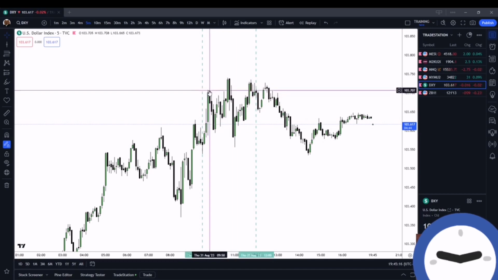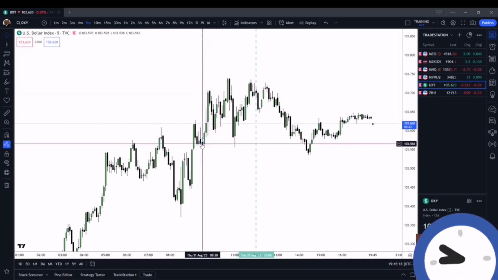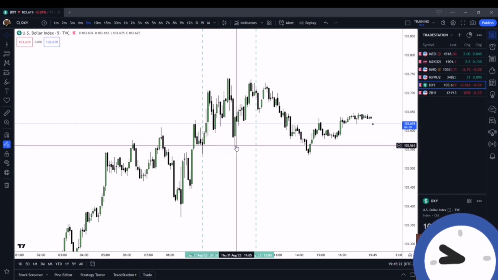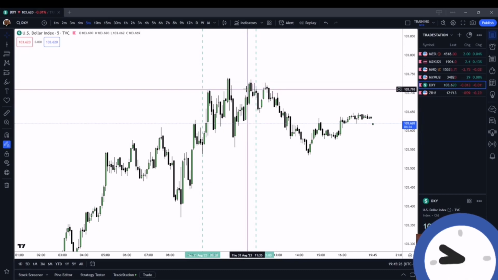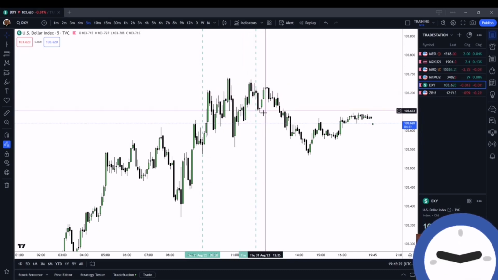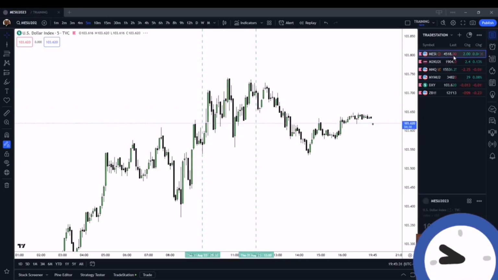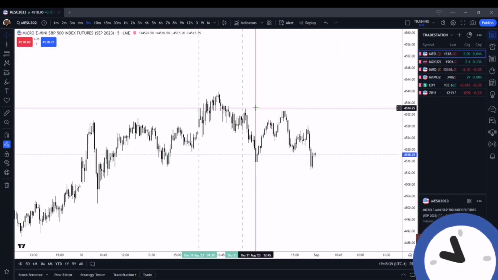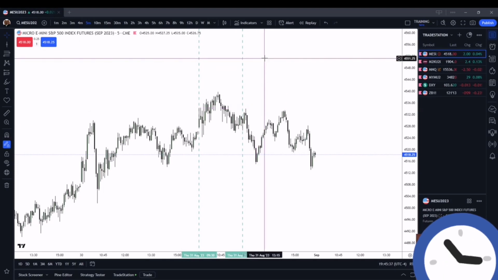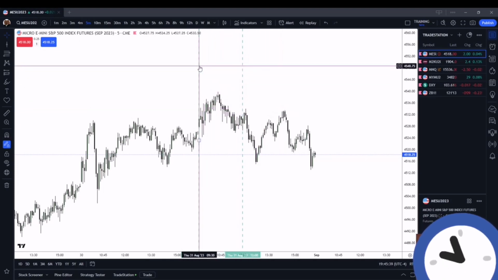We formed a high, we came down and we tested some liquidity down to the downside here at 1100. So it was a consolidation on the dollar index during the AM session, and we can see that it was basically the same on the micro ES. So pretty inefficient price delivery, fairly choppy.